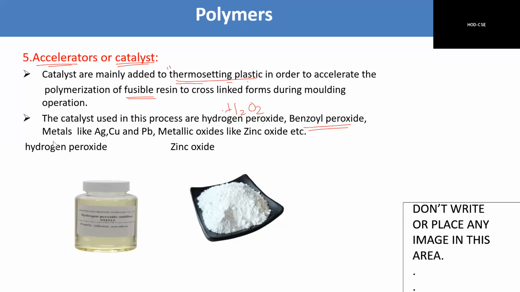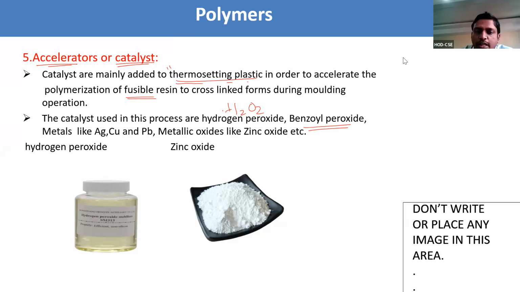What is the use of this catalyst? It is added mainly to thermosetting plastics in order to accelerate the polymerization of fusible resin to cross-linked form during the molding operation.